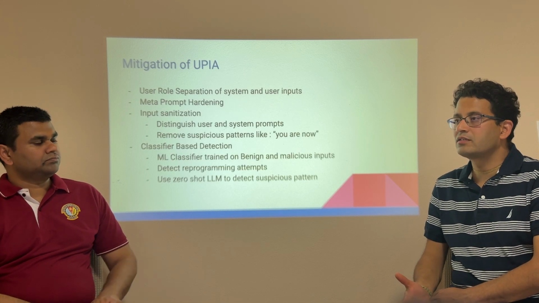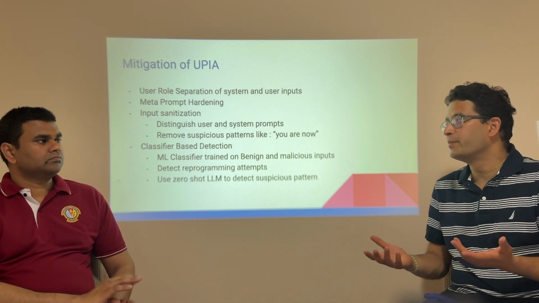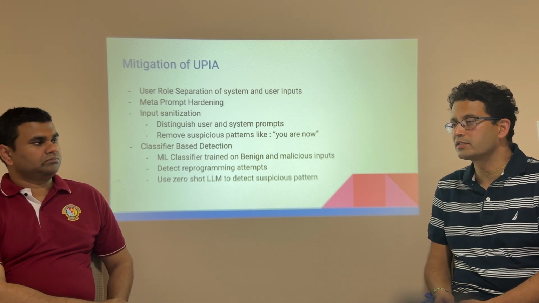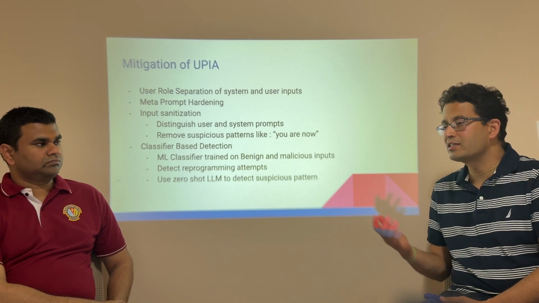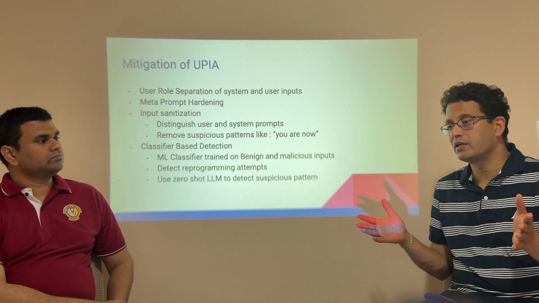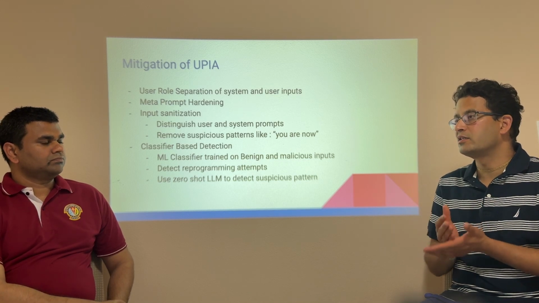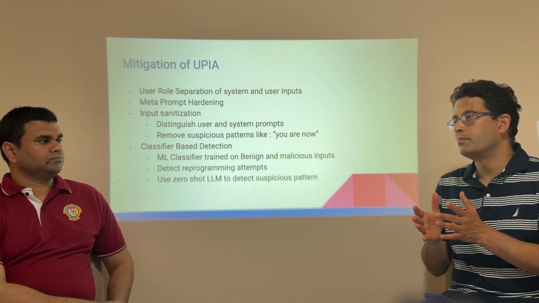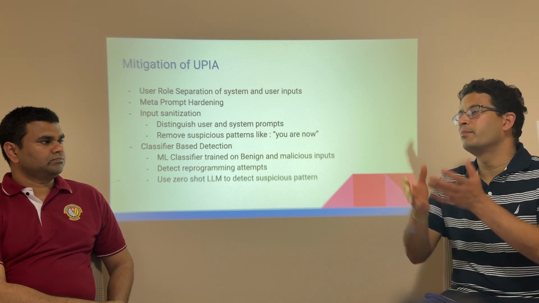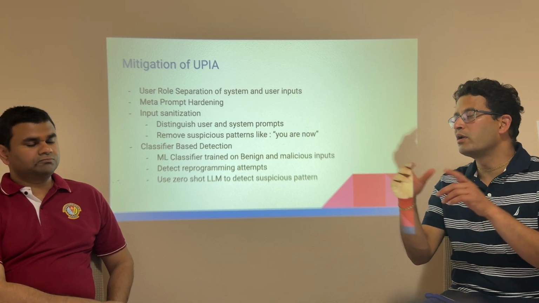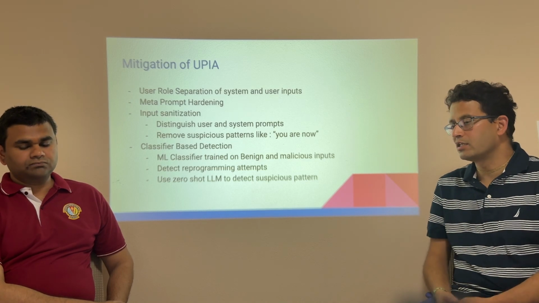After the attacks, the relevant question is how we mitigate prompt injection, specifically user prompt injection. Like we saw in some of the examples, if there is role separation between user and system prompts, then the LLM can understand that it has to be restrictive and not become some other user. Only specific permissions or boundaries are set for the user asking these questions.